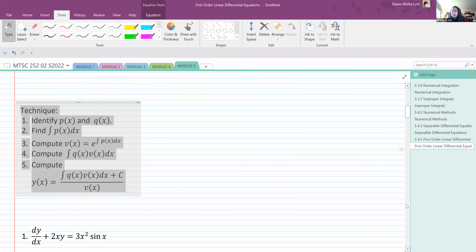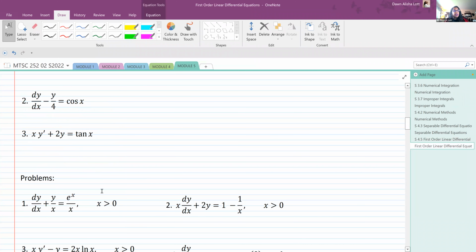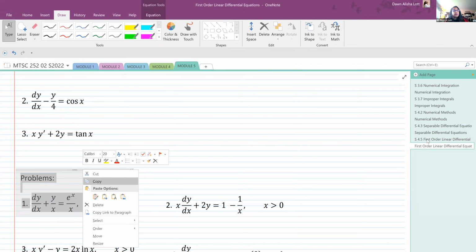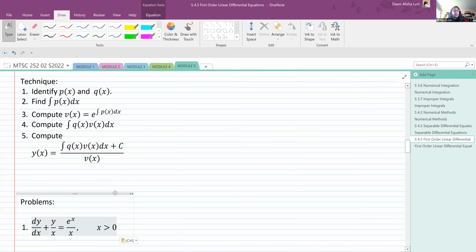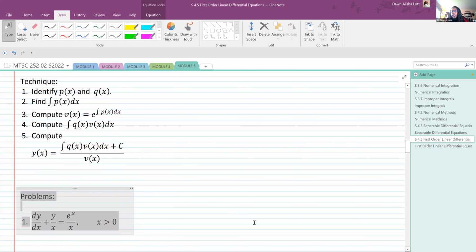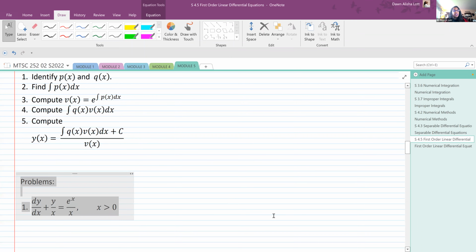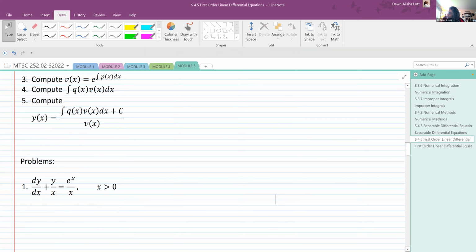Where's my first problem? Here it is. All right, so here's my problem. I need to identify P and Q. It looks like I need to rewrite it just so I can see it. So I'm going to write dy/dx plus 1 over x times y is equal to e to the x over x.